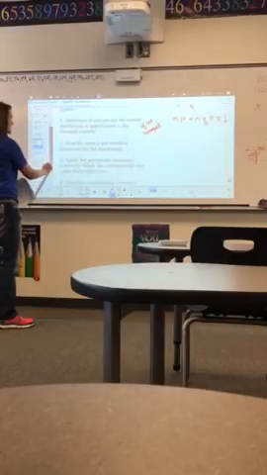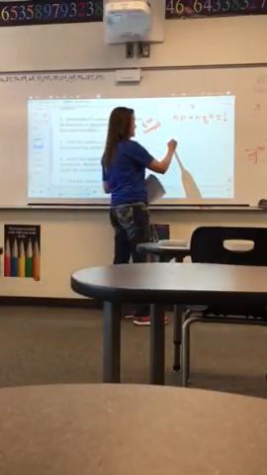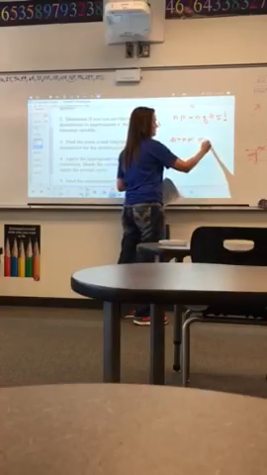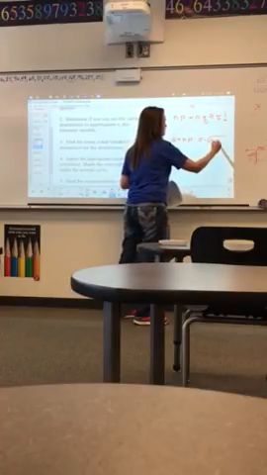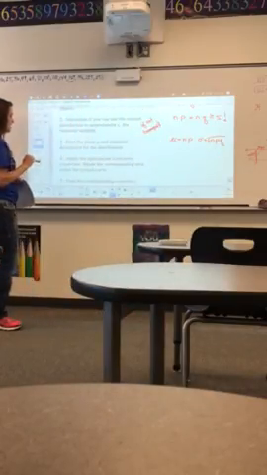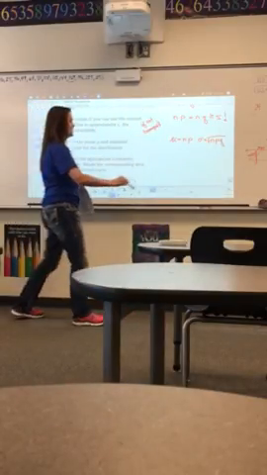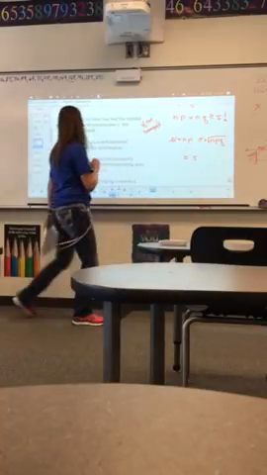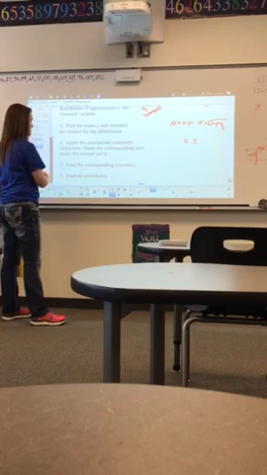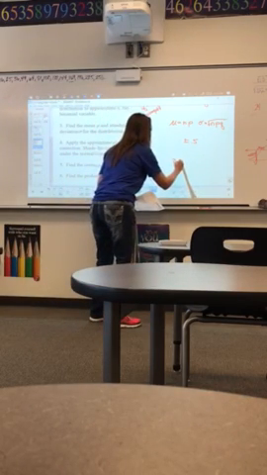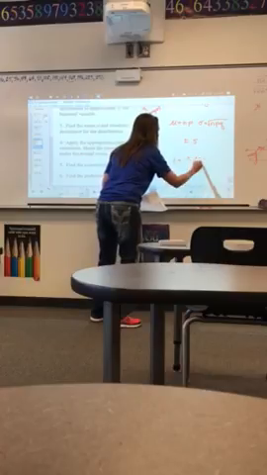Find the mean and standard deviation. Sometimes they give it to you in the problem, sometimes they don't. You've got to find it. Apply the appropriate correction for continuity. So do your plus or minus 0.5 each direction. Find the corresponding z-scores. Just use your z-score formula, X minus mu over sigma.